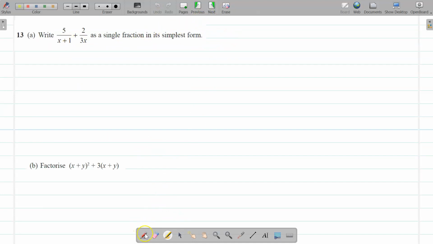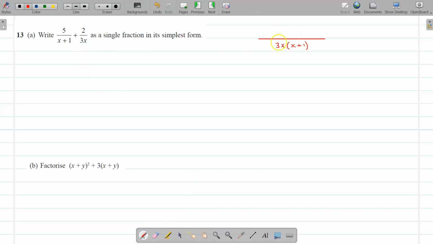Okay, single fraction. So what I have to do here is find a common denominator, and the common denominator is x plus 1 times 3x. So I'm just going to write 3x, x plus 1 as a common denominator. Okay, and then above that I'm going to convert the numerators so they match.